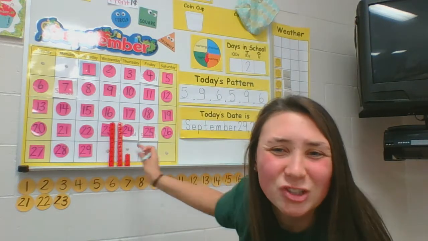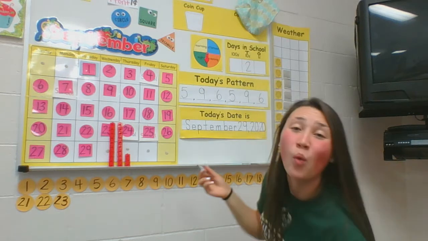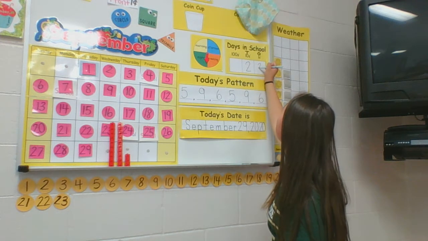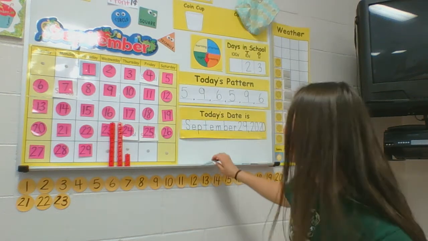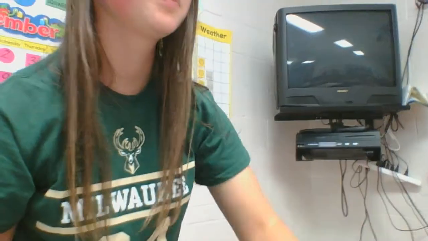There are 3 extras in 23. So that goes in the ones column, and ones starts with the letter O. So that's why there's an O up there. 3 extras, right?